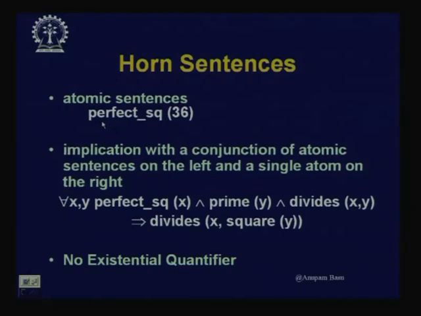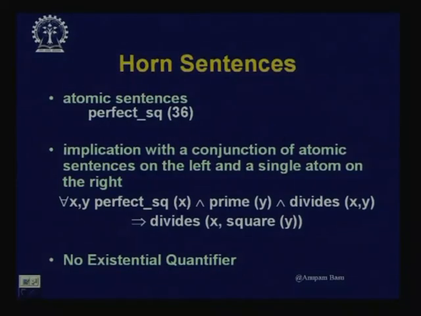A sentence like perfect square 36 is a Horn sentence. Implications with a conjunction of atomic sentences, where atomic sentences are joined together, conjuncted, and a single atom is on the right.